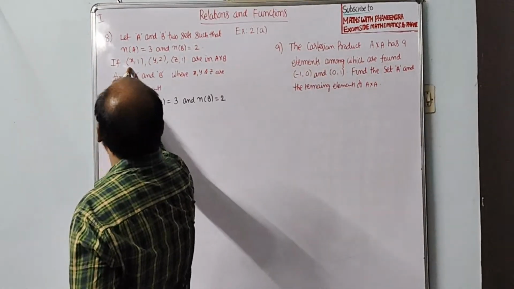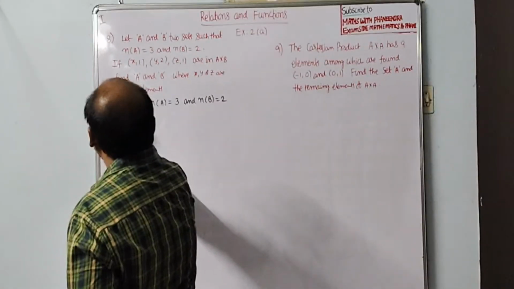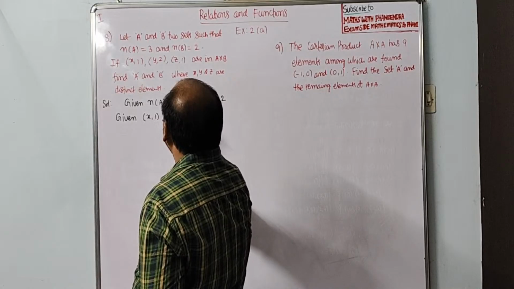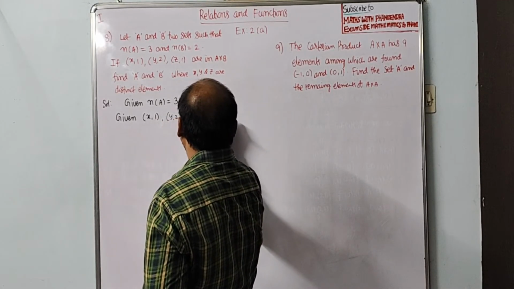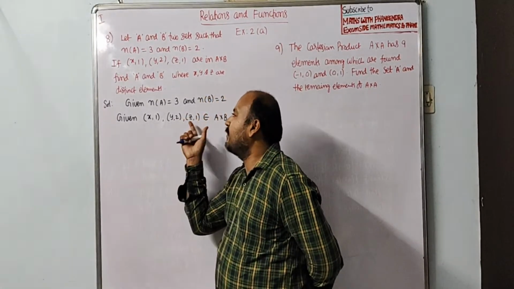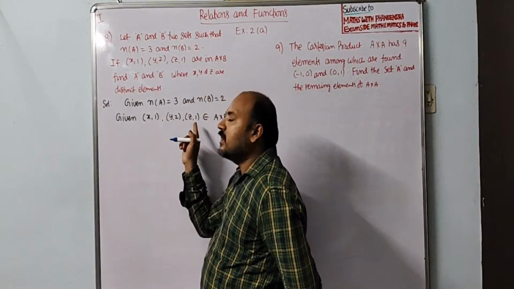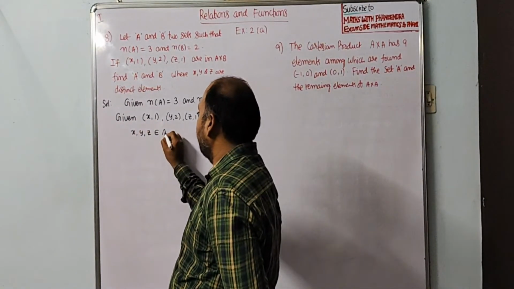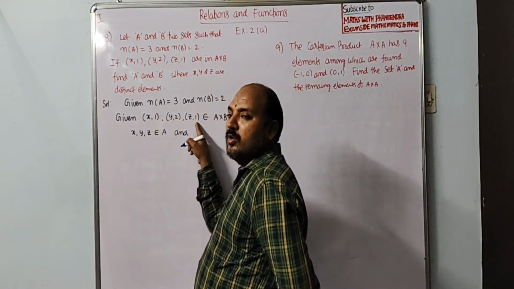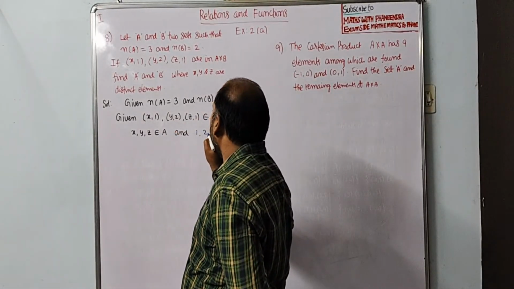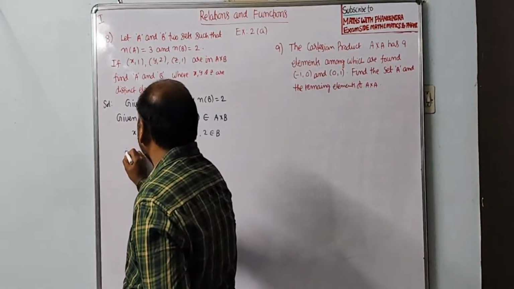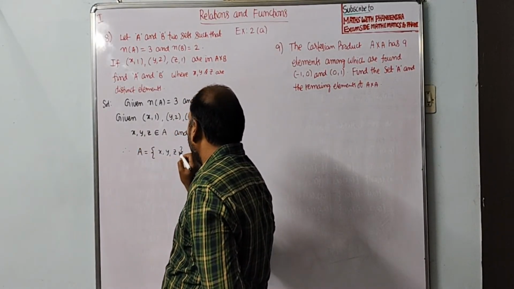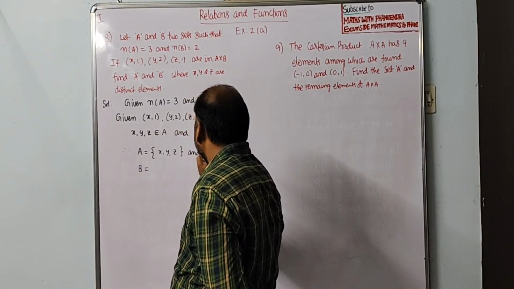Next, from the given data, if these values are in A cross B, that means the given ordered pairs (x, 1), (y, 2), (z, 1) belong to A cross B. Whenever these elements belong to A cross B, the set of first elements, that means x, y, z, belongs to the first set, and for 1, 2, 1, only 1 is repeating, only one time you have to write it. 1, 2 belongs to second set B. Therefore, from this what we are observing, the set A contains the elements x, y, z and the set B contains only 1 and 2.